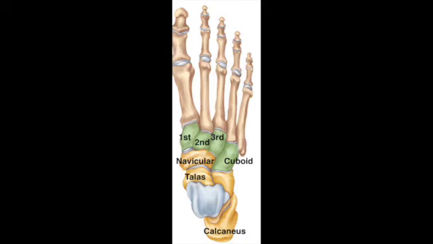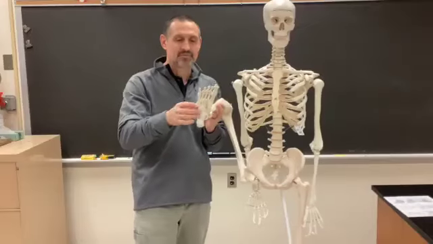To remember the tarsals, think tall centers never take shots from corners. Talus, calcaneus, navicular. And then 3rd, 2nd, 1st, cuneiform. And then for corners, it's cuboid. And that might help you remember the tarsals.